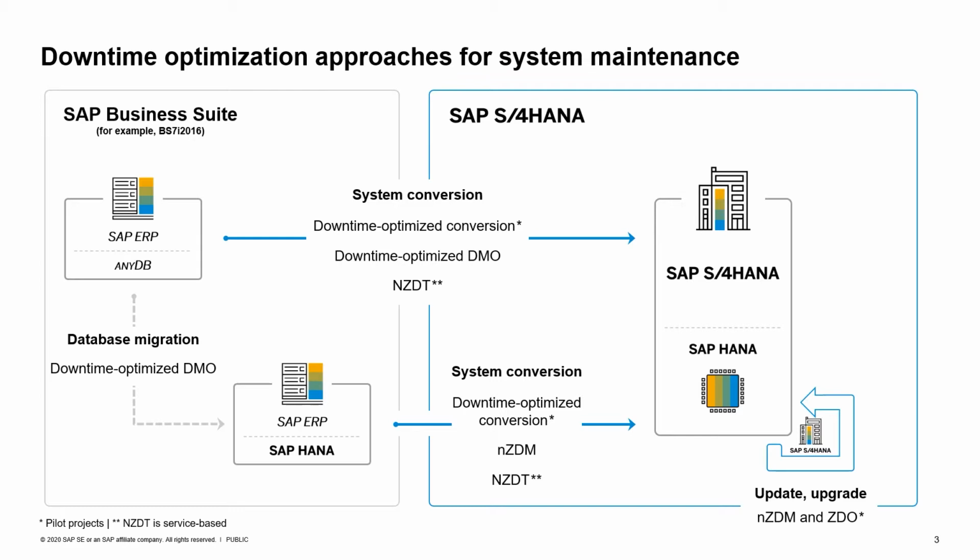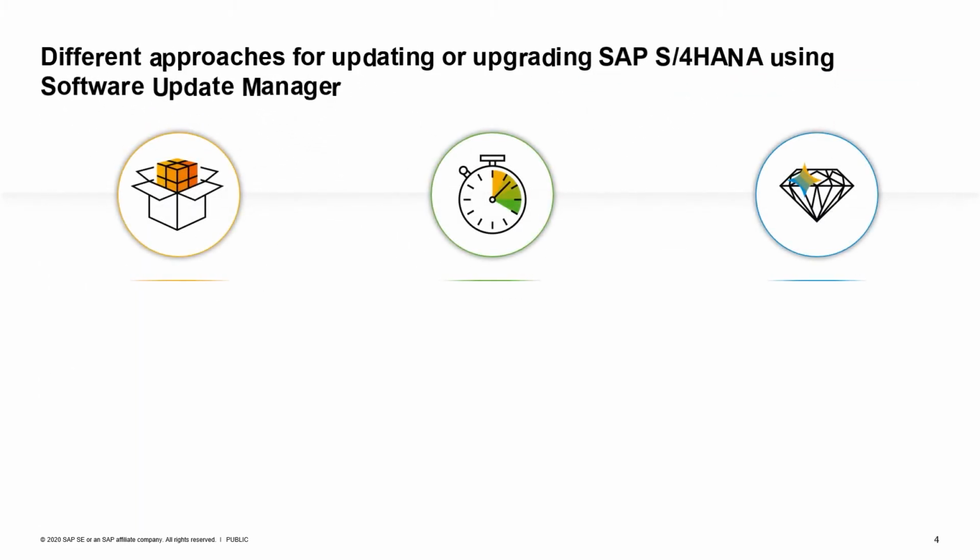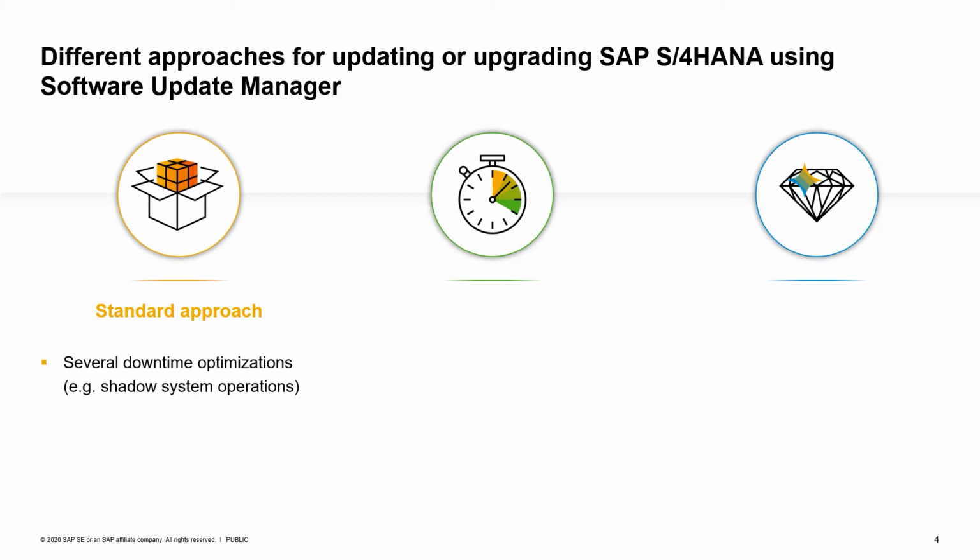Here, we do have basically two options in order to optimize the downtimes. One is the NZDM, the near zero downtime maintenance, and second is the zero downtime option. Now, if you are on SAP S/4HANA, you have basically three ways to apply support packs, release upgrades, or feature packs. It starts with the standard approach, which already has downtime optimized techniques in place.